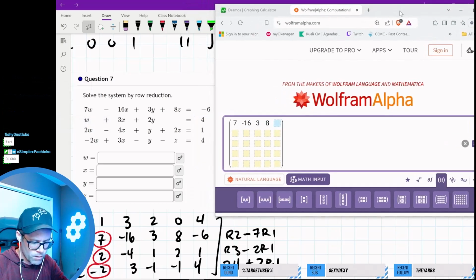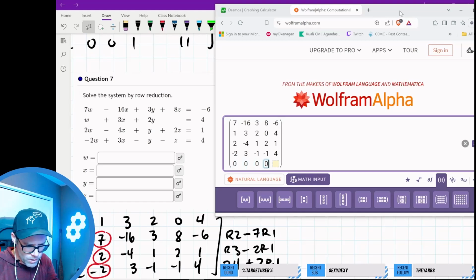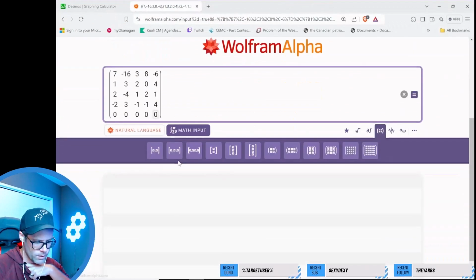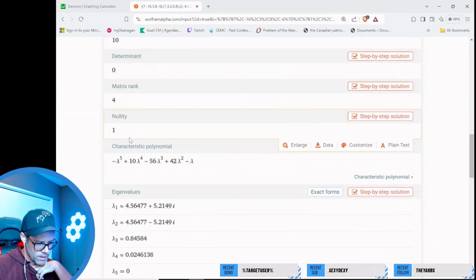Yeah, I guess I can input a full row of zeros, right? -2, 3, -1, -1, 4. And I'll just throw a full row of zeros in here. It should know what I want. Okay, give me weird large numbers for final answers, please. That's a transpose.